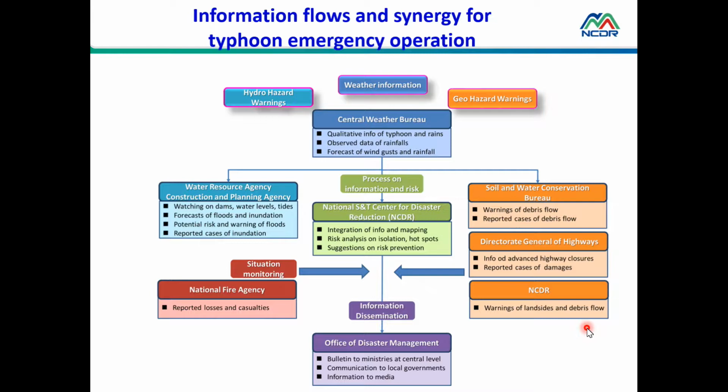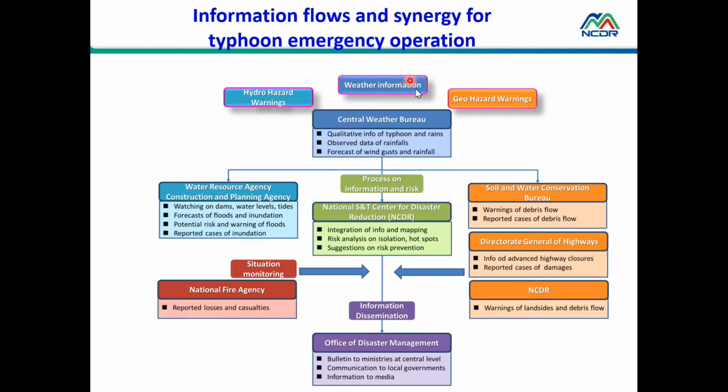So how do we integrate information in emergency operations? We emphasize information flow. Because of information flow, we can have a clear job definition for each team, and we can also form very good teamwork. Basically, in case of typhoon, we look at three basic elements.